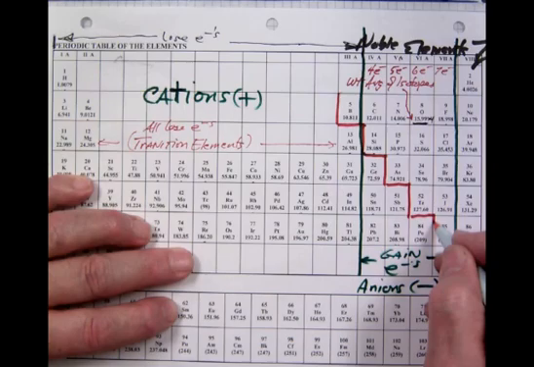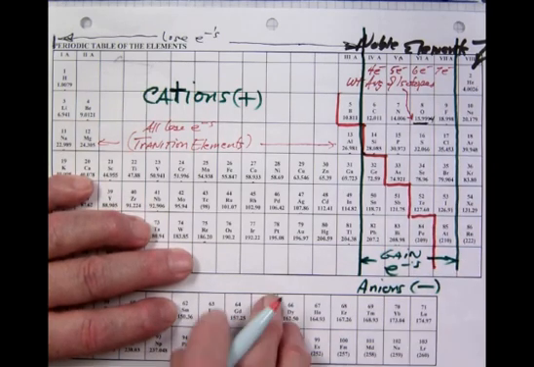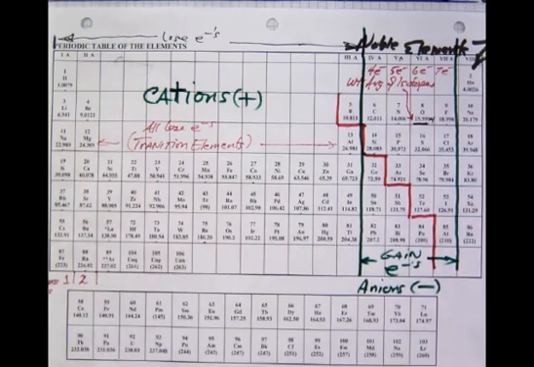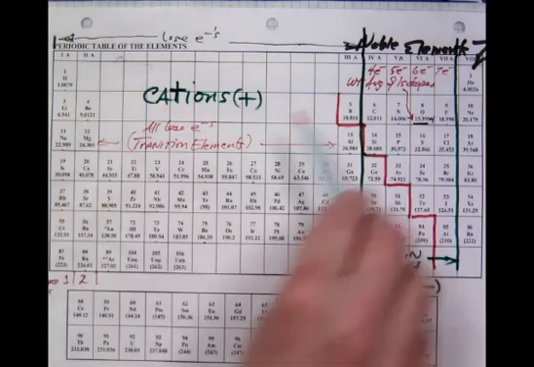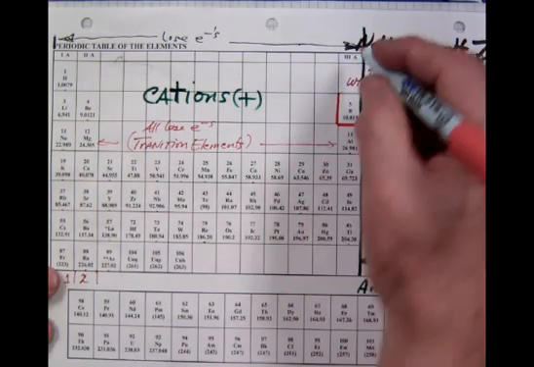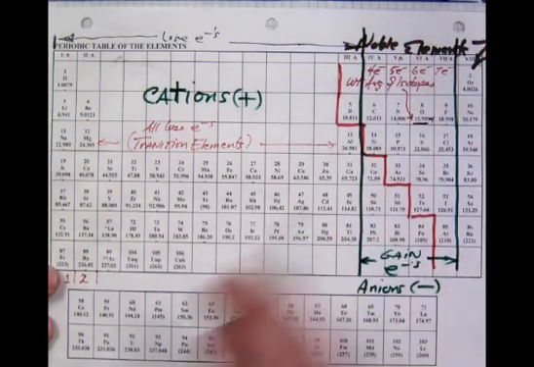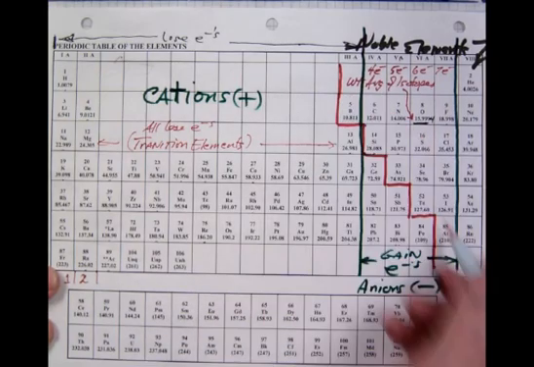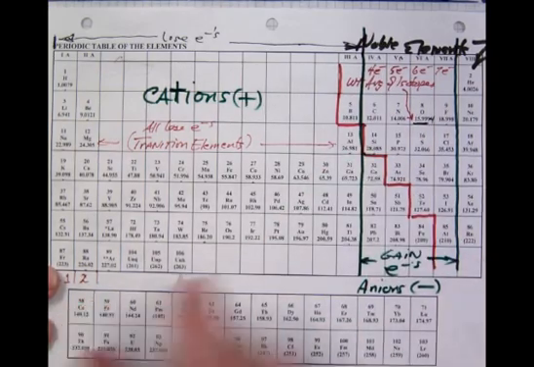Now the first notations that I gave you were just to orient you with the gains and losses of electrons. But this little orange staircase separates the metals from the nonmetals, and those that border or touch that orange are called metalloids.